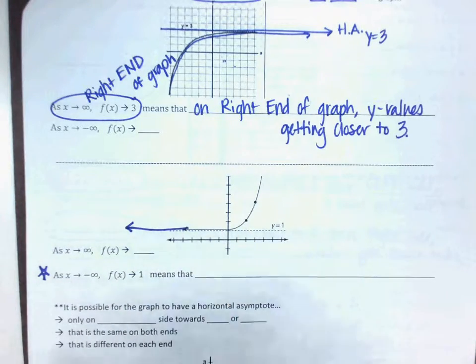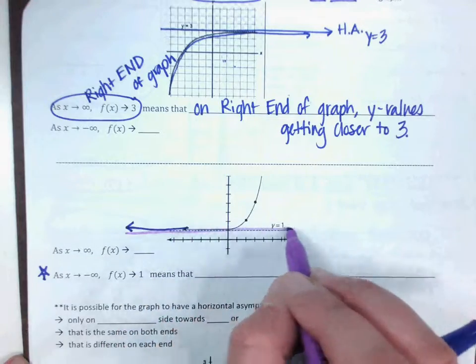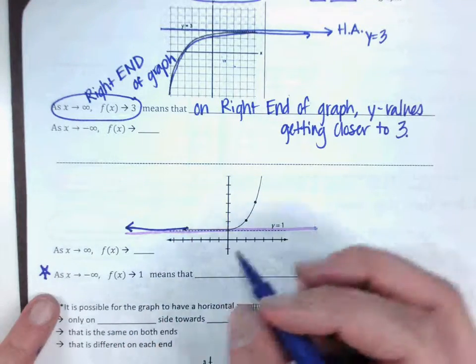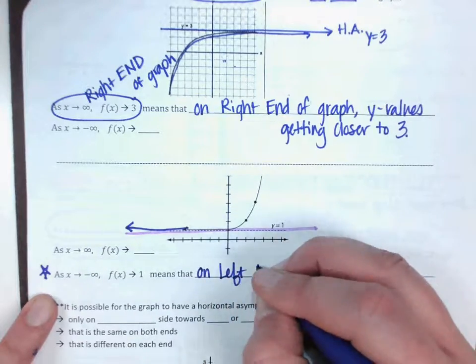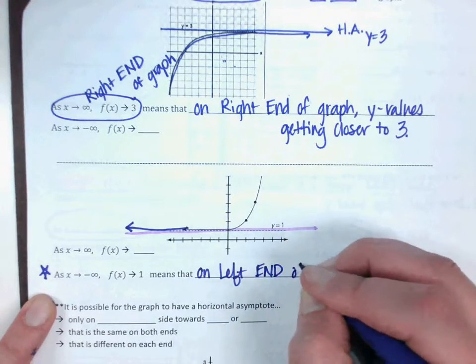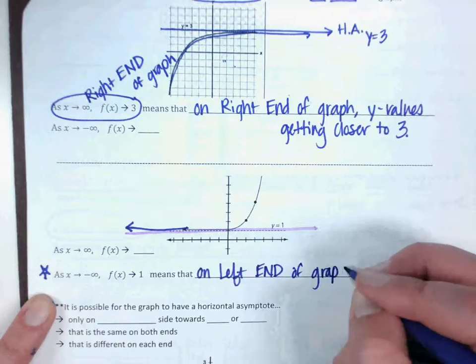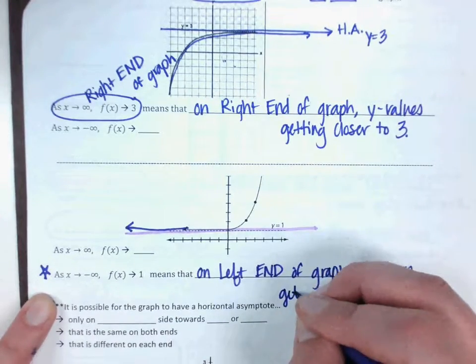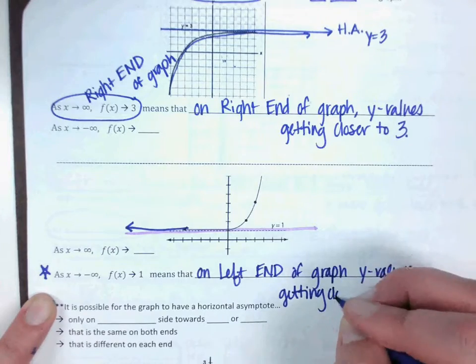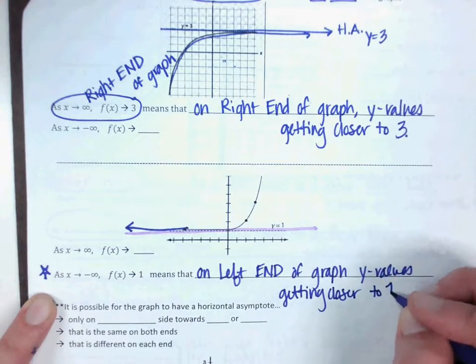Because I have what kind of asymptote? A horizontal asymptote. So, on the left end of the graph, y values getting closer to 1.